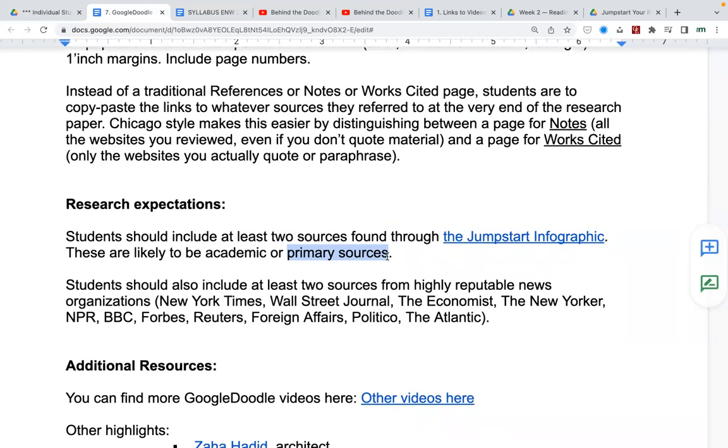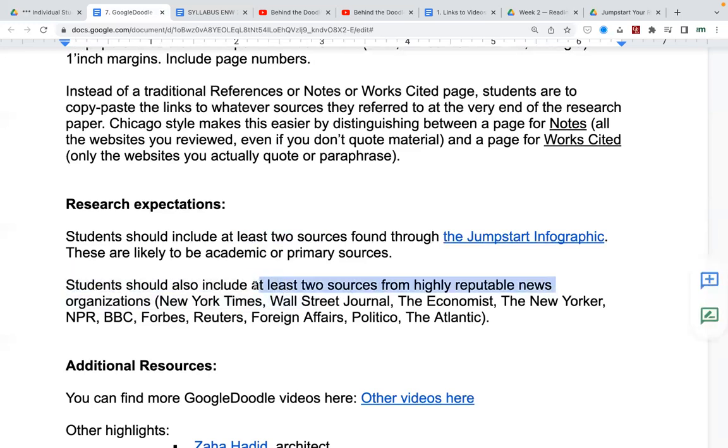Academic sources are not BuzzFeed, and primary sources are not, excuse me, a primary source is not an encyclopedia. There we go, I said it.